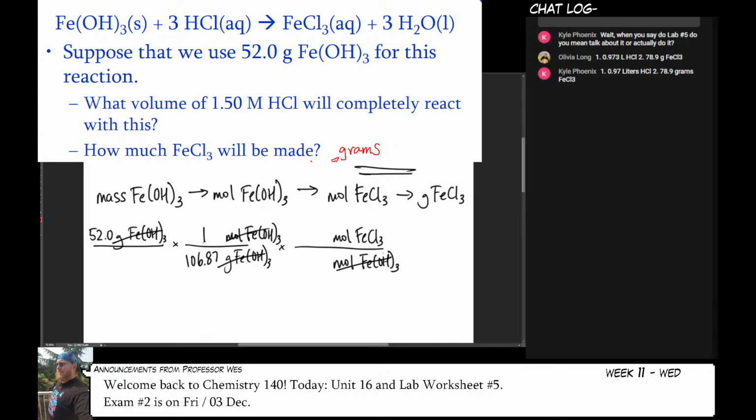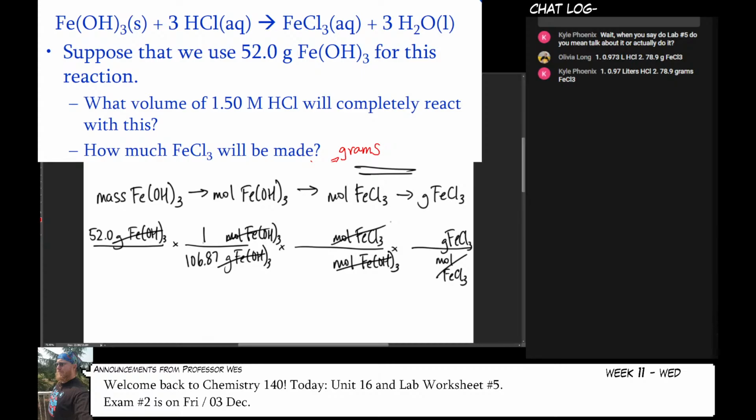So we can convert from moles of iron 3 hydroxide to iron 3 chloride. And then for the last bit, we'll turn moles into grams, just like we did in Unit 15.